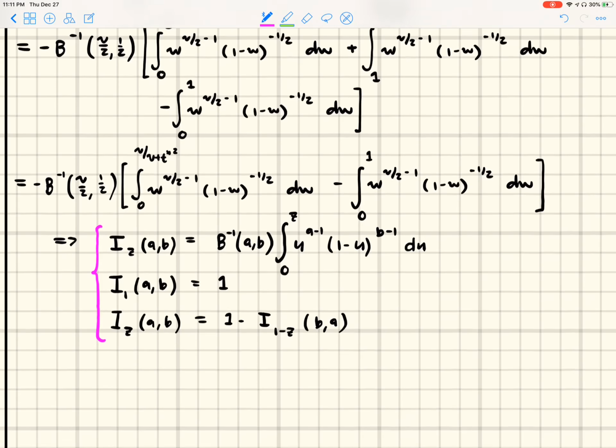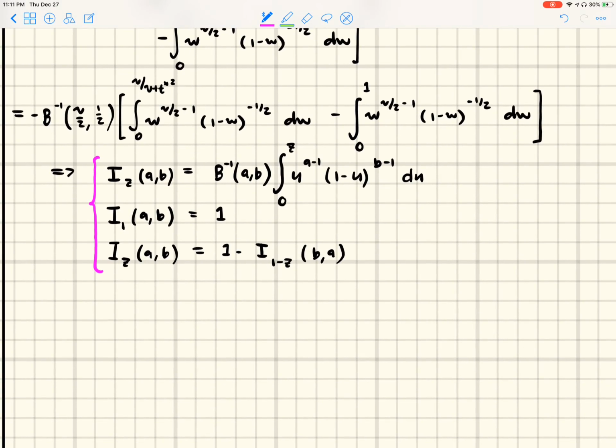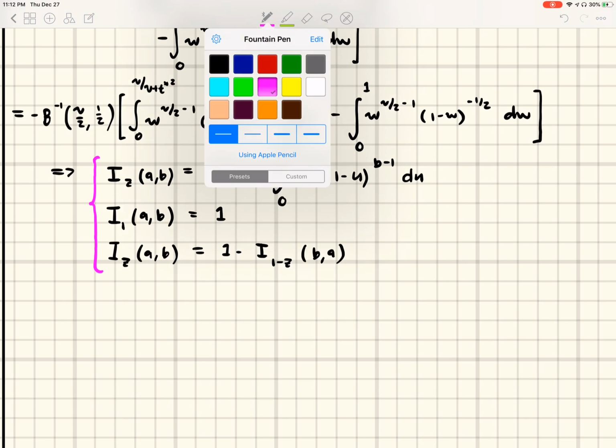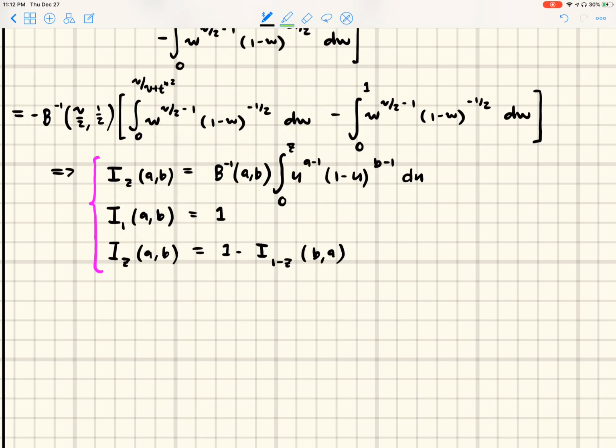And what we recognize is we've got, indeed, a couple of regularized incomplete beta functions right here. So we can rewrite this expression as negative I of v over v plus this guy, like this.